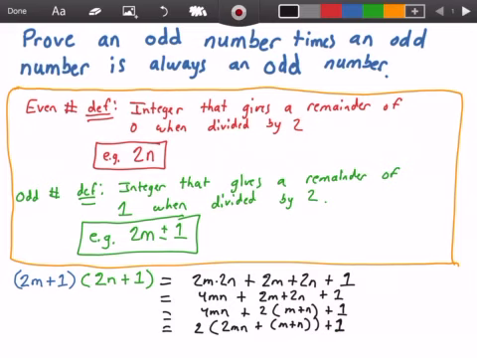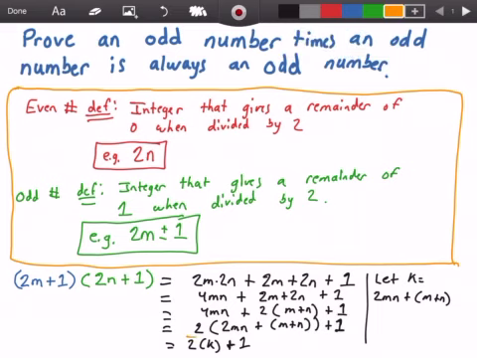And now we're going to let k be equal to 2 times m times n plus m plus n. Then we get 2k plus 1. And that is an odd number. And that's exactly what we wanted.